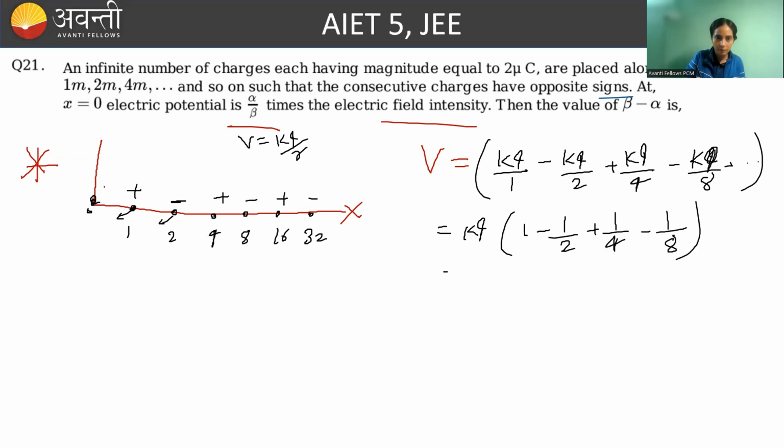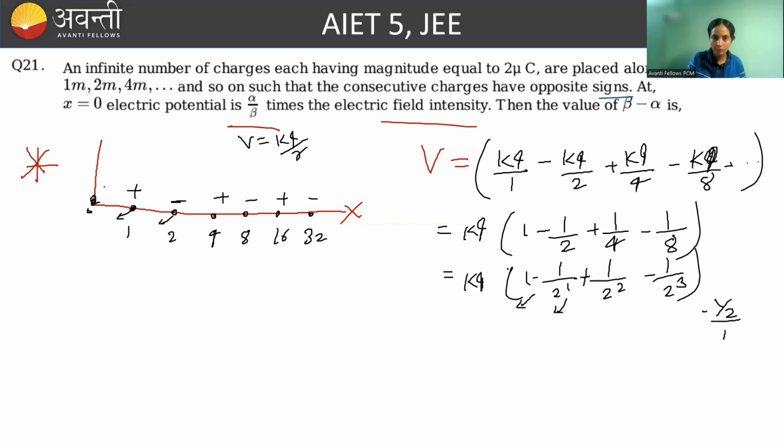If you see this carefully, you can see here KQ times 1 minus 1 by 2 to the power 1, plus 1 by 2 to the power 2, minus 1 by 2 to the power 3. So this is a geometric series. If this is the first element, then this is your second element, and the ratio of second by first will be how much? 1 by 2 by 1, with the minus sign, so this is equal to minus 1 by 2.